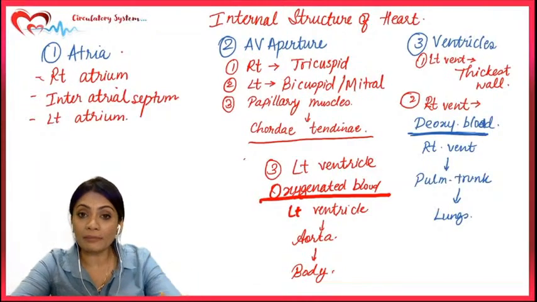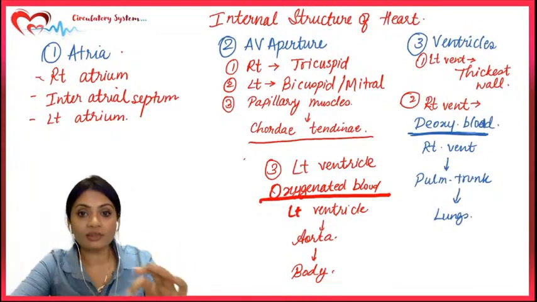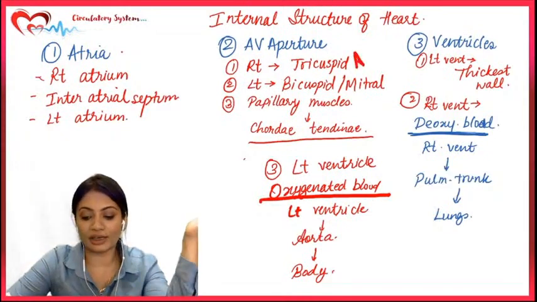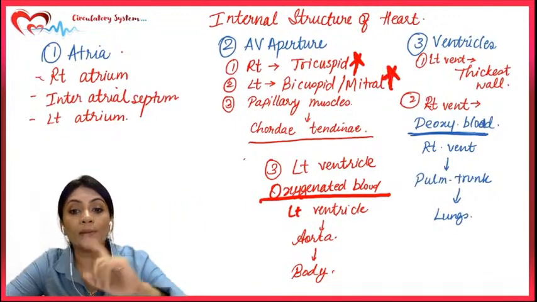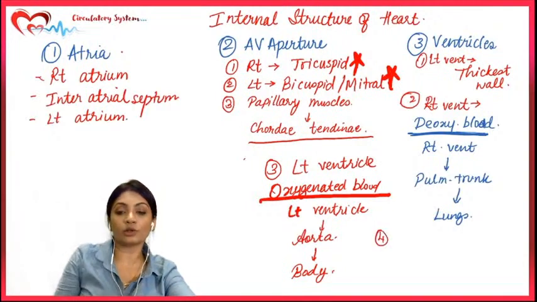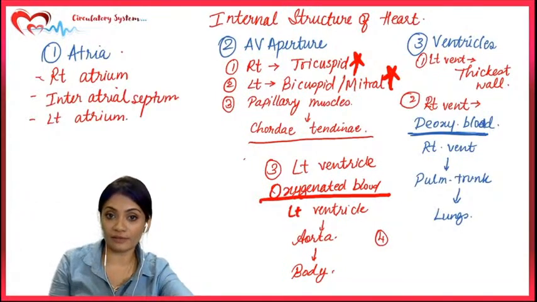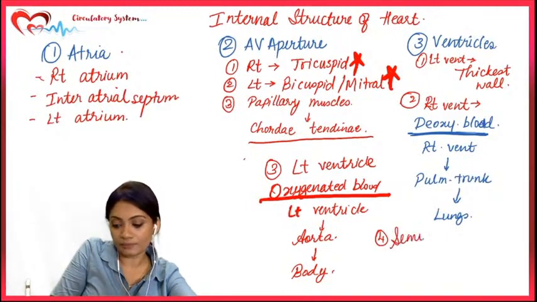Remember the names of the four valves which we studied. On the right side, there was a tricuspid valve. On the left side, there was a bicuspid valve. One more valve we didn't mention. Do you remember that one? It was the half moon shaped valves, and didn't we call those valves the semilunar valves?